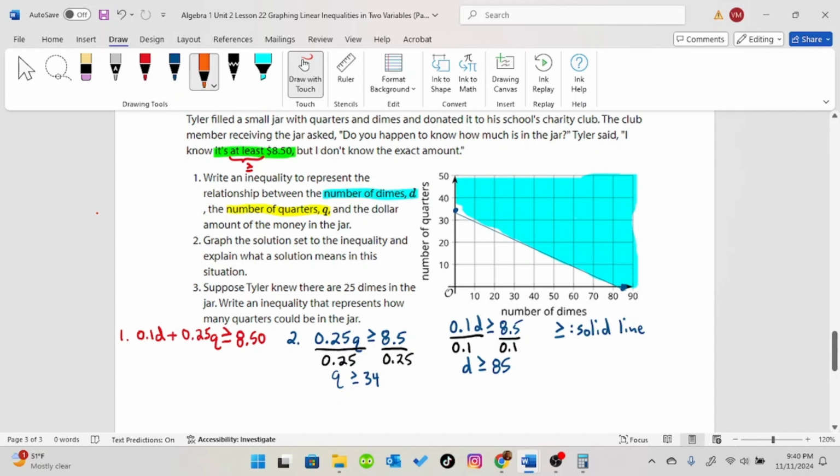Number 3. Suppose Tyler knew there are 25 dimes in the jar. Write an inequality that represents how many quarters could be in the jar. So all we need to do for this is take the original inequality, but instead of D in 0.1D, put 25.